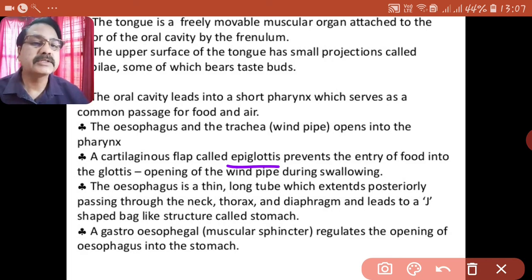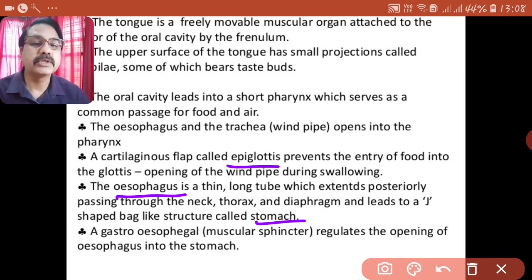The esophagus is a thin, long tube extending posteriorly, passing through the neck, thorax, and diaphragm, and leads to a J-shaped bag-like structure called the stomach, a very important main part of the alimentary canal or digestive system.